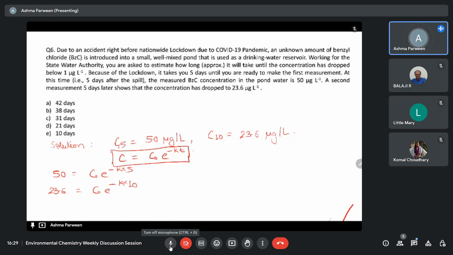What we can do is solve these two expressions. We will divide equation 1 by 2, and by solving we will get the value of k as 0.15015 per day.